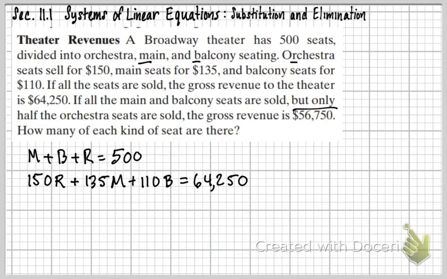So what that means for us is, if all the main seats are sold, that's 135M, because we're still talking about money here, and the balcony seats are sold, so that's plus 110B, but half of the orchestra seats are sold.